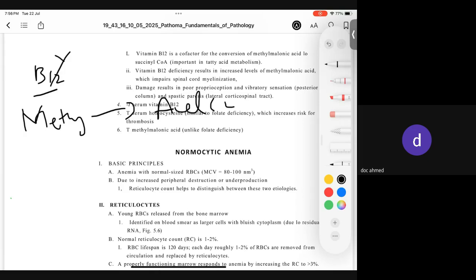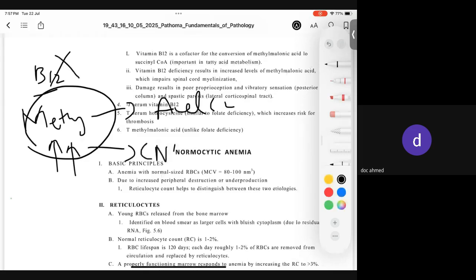If you do not have B12, methylmalonic acid can accumulate a lot, and it can damage your spinal cord, the central nervous system. It can damage the posterior column, which we'll be discussing, carrying touch, pain, vibration, proprioception, everything, right? So it can cause problems there. It can damage the lateral tracts, the corticospinal tracts, and we can have spasticity as well.